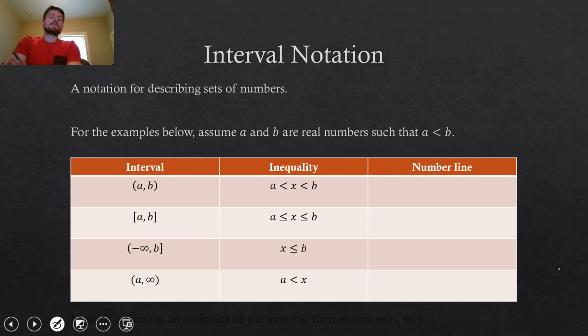So here's a couple of ways to relate interval notation with inequalities, which you have seen last year. When you use parentheses, that's the same as a strictly less than symbol.